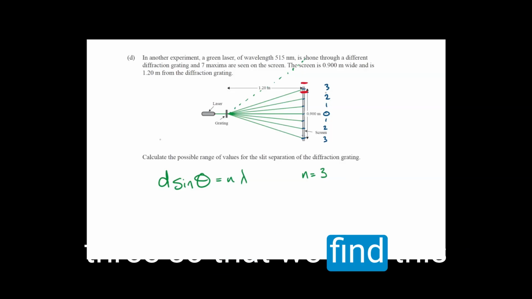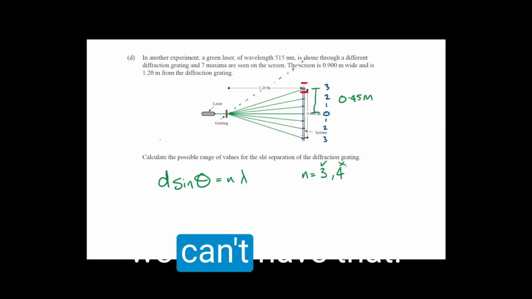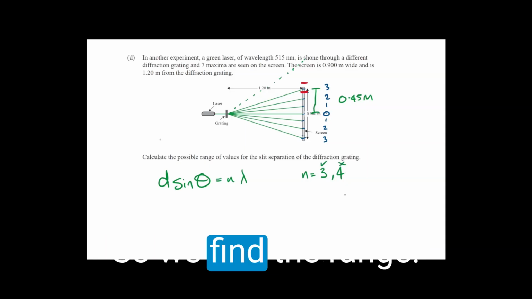So let's set this to 3 so that we find this distance from here to here. This is going to be 0.45 meters because this is 0.9, so half of that is 0.45. Then let's do the same for 4. If we have 4, we can have that, but we can't have that. So we find the range.